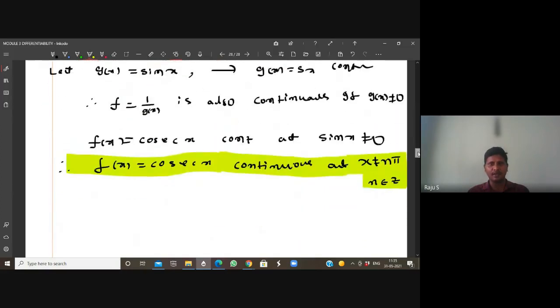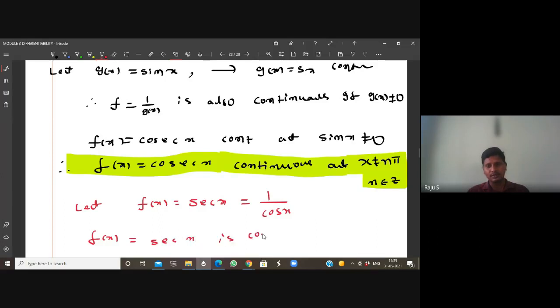In the same way, you have to write for secant x. Okay, let us take the same f of x equal to secant x. Secant x can be written as 1 by cos x. So f of x, secant x, is continuous when cos x value must be not equal to 0.